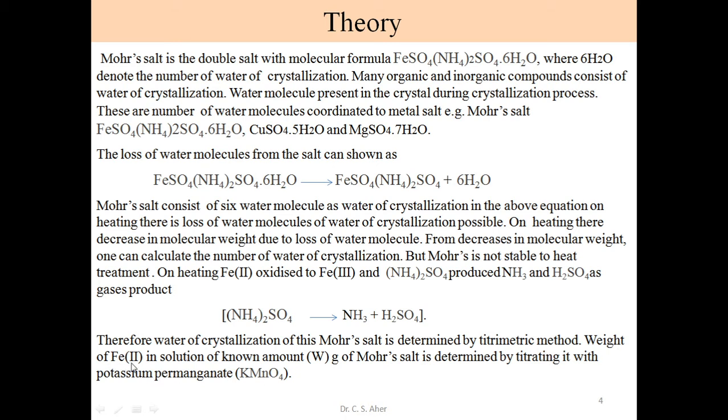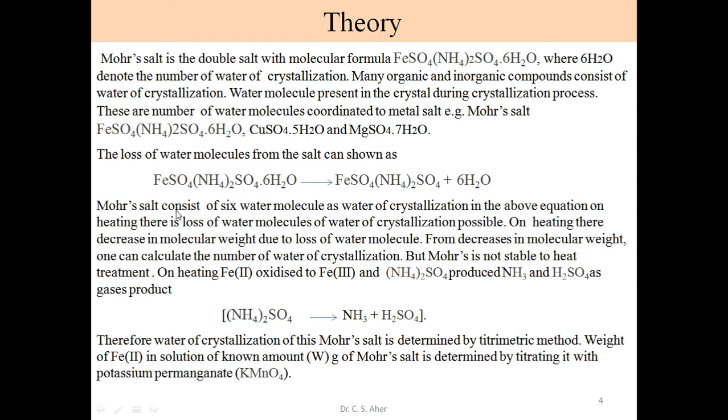The weight of Fe2+ in a solution of known amount, that is W gram of Mohr salt: suppose we take W gram of Mohr salt, it consists of Fe2+ salt. This Fe2+ weight corresponds to the W gram of Mohr salt and is determined by titrating it with potassium permanganate.